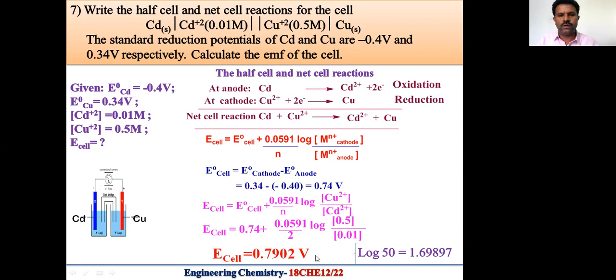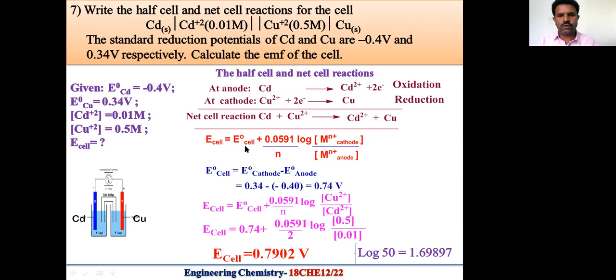So if we calculate the value, we'll get EMF of the cell produced under these conditions equal to 0.7902 volts. And one more thing here, I selected this Nernst equation for the cell under standard condition because they have not mentioned any temperature. We can assume standard condition.